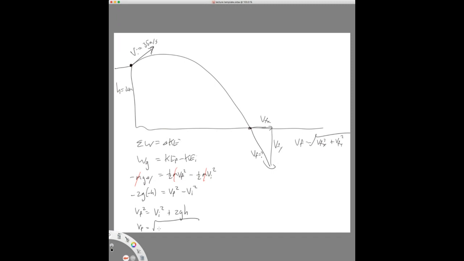And we get v final equals the square root of 35 squared plus 19.6 times 20. And I get 40.2 meters per second.